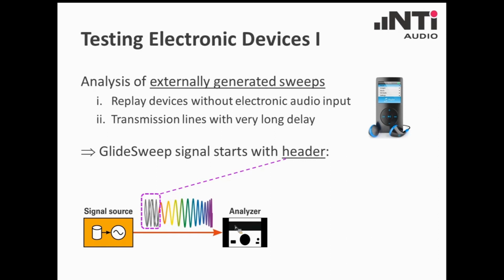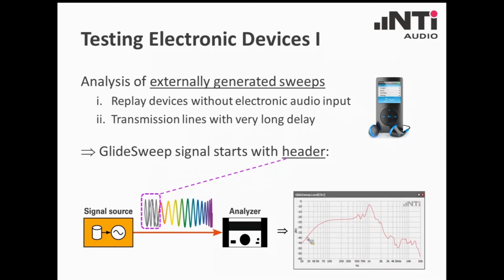So that allows the analyzer to synchronize to this incoming GlideSweep without exactly knowing when it will happen. In the next step, the analyzer can now calculate the measurement results out of the received GlideSweep, as here, for instance, the frequency response.